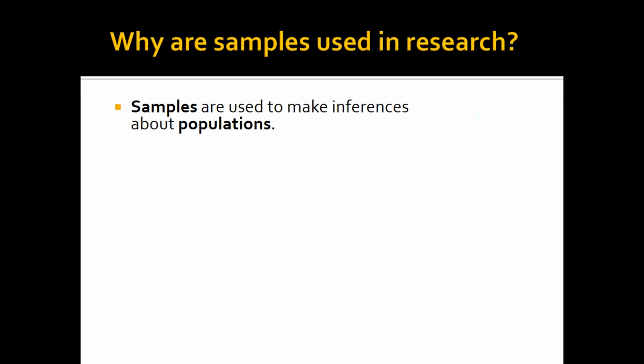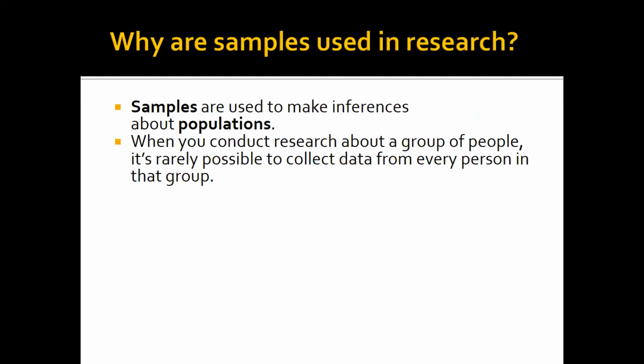By now we understand that samples are used to make inferences about the population. You collect data from a smaller subset of people taken from the population through some systematic technique, and whatever statistical findings you get from the sample, you make inferences for the whole population.